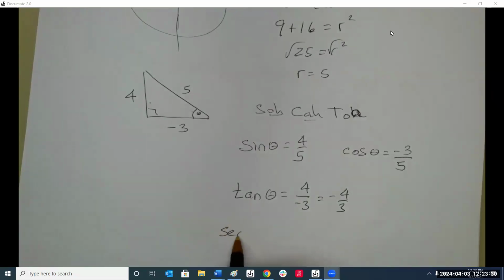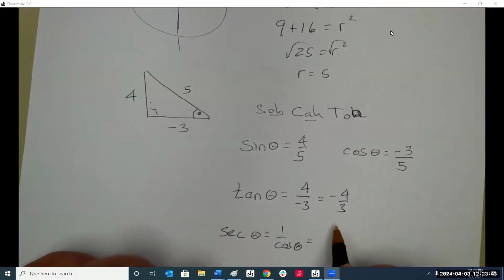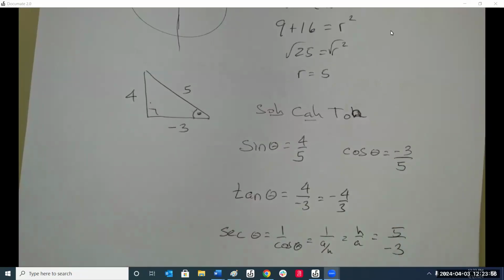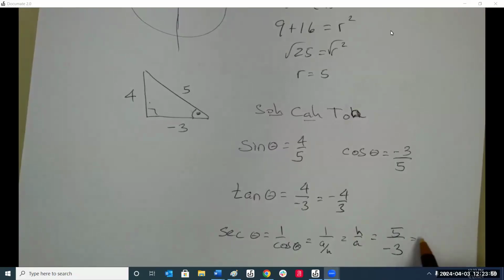Secant is 1 over cosine, which is 1 over a over h, which makes it h over a, which makes it 5 over -3, which makes it -5/3.